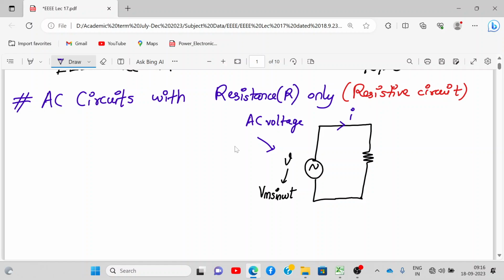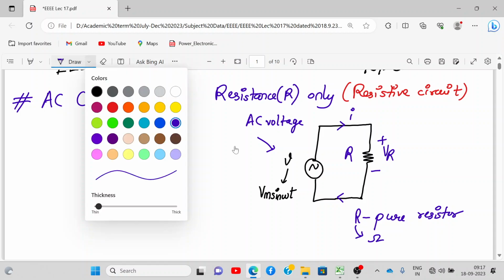Represented by small i, and its formula will be Im sin omega t. And this is my resistor R. Let's say the voltage across this resistor is VR. So here remember R is my pure resistor, and its unit is ohms.